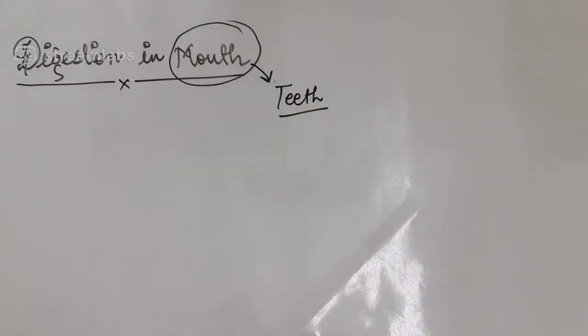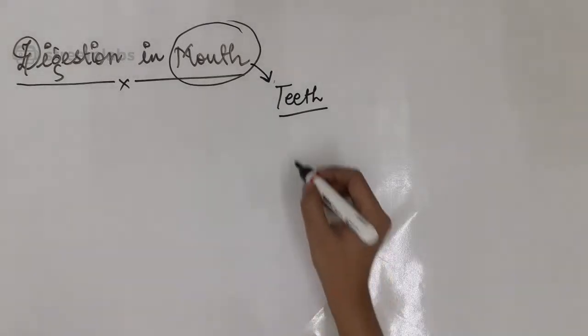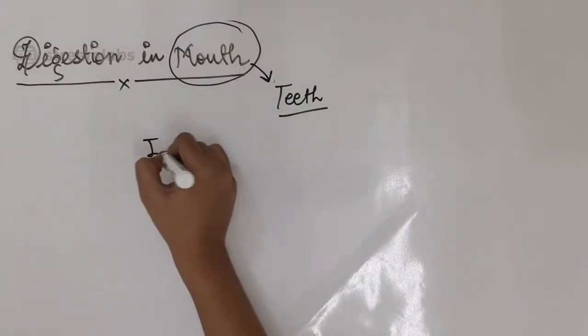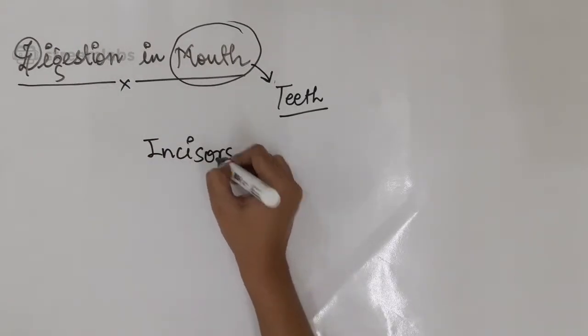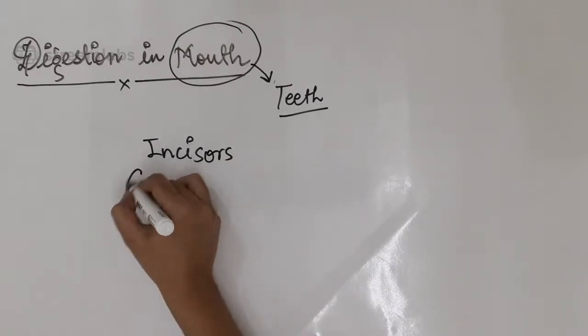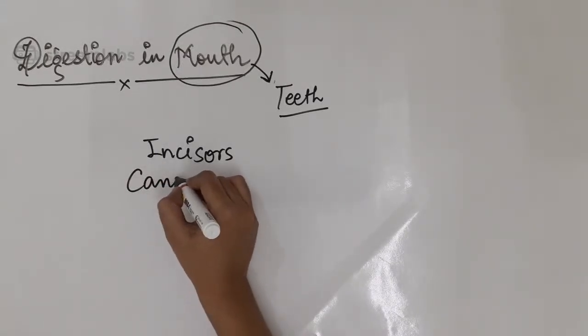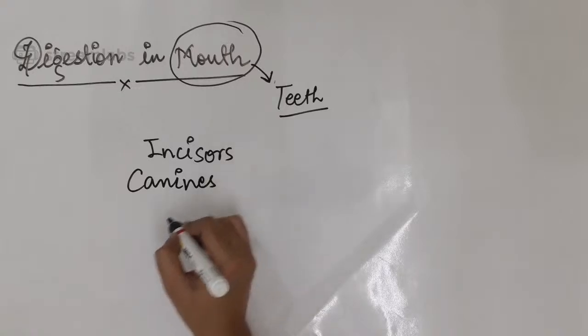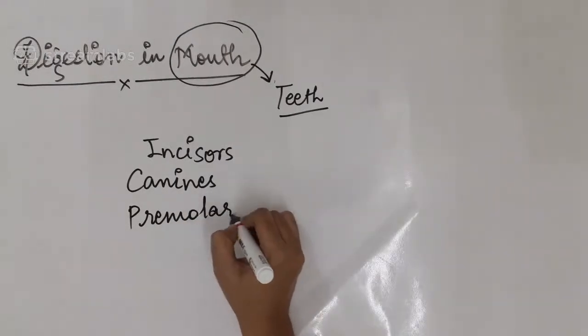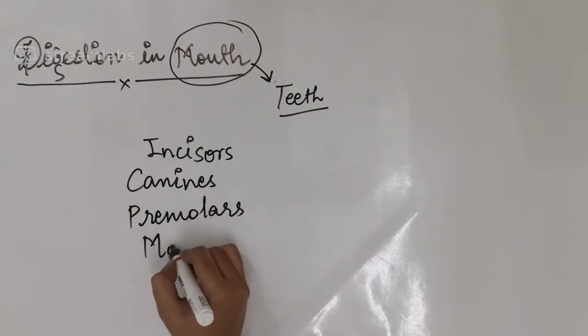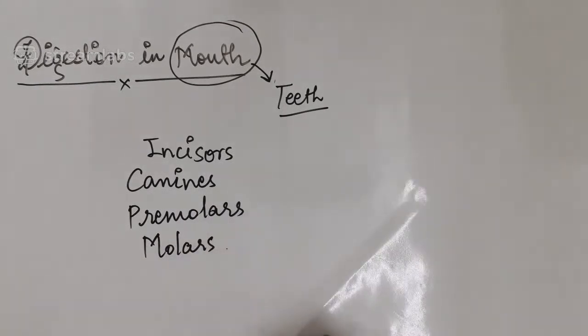The teeth are divided into 4 types. First is the incisors. Second are the canines. Third are the premolars. And fourth are the molars.